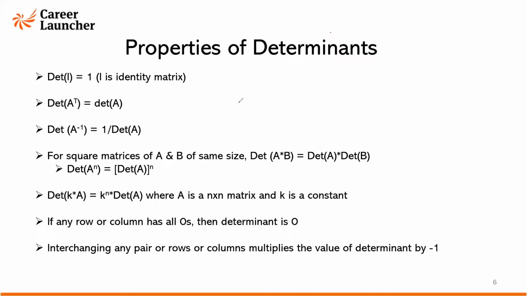The last property is something which is interesting. Now, if you remember in matrix operations, if you have A, B, C, D, E, F, G, H, I as matrix A, you can just interchange row 1 and row 2 without any effect. You will still have the same matrix, the meaning will not change.